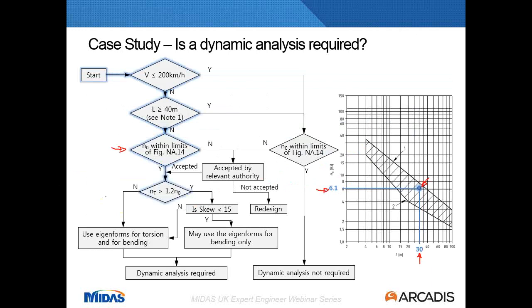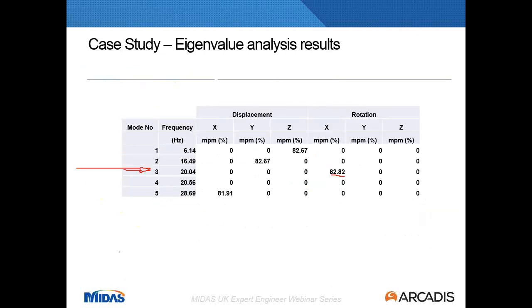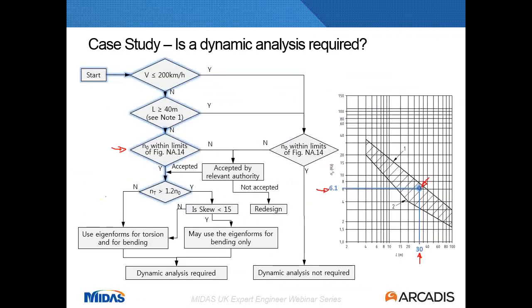Next check is to check if the first torsional frequency is greater than 1.2 times the first bending fundamental frequency. And if we go back to our results, we see that the first bending frequency was 6. The first torsional was 20, much greater than 1.2 times the bending one. So that's a yes.